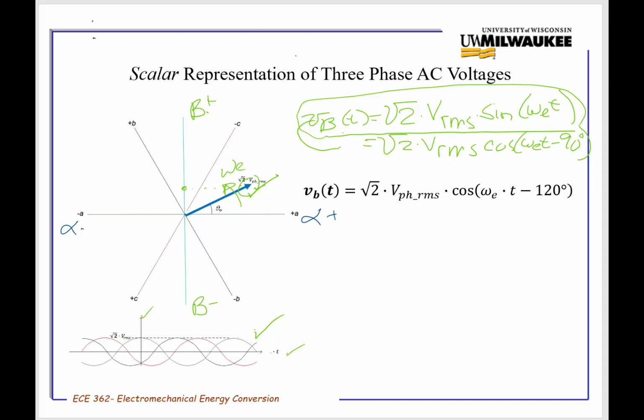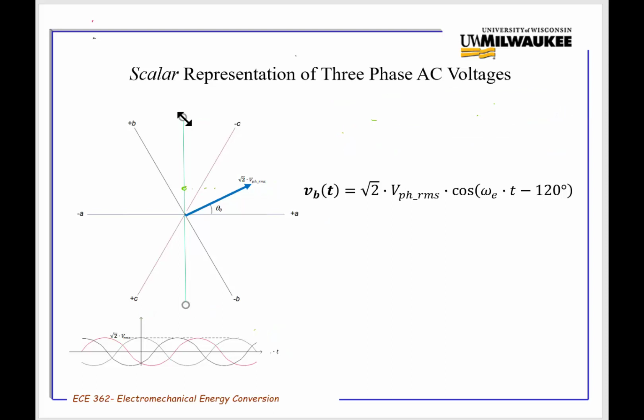We could therefore take this beta axis and rotate it. It doesn't have to be at 90 degrees off of the alpha axis as we had it before. Now we're calling an a-axis.